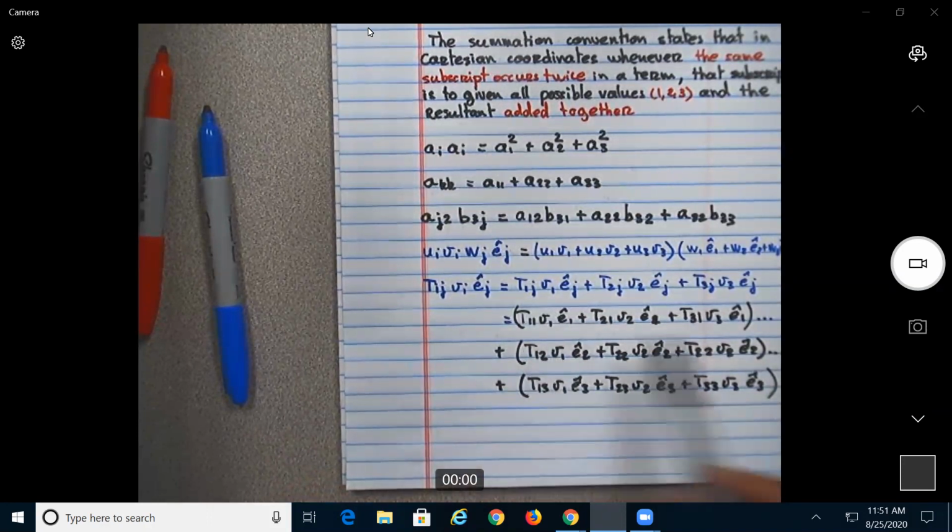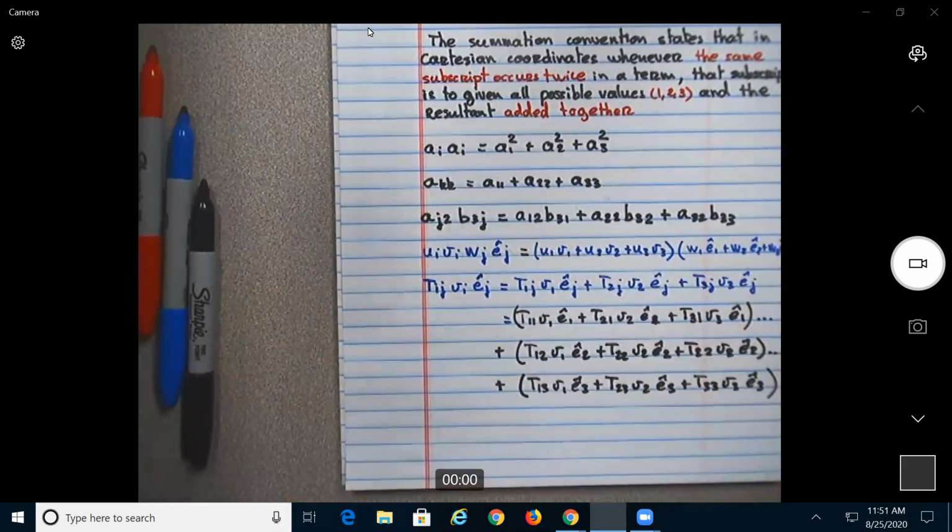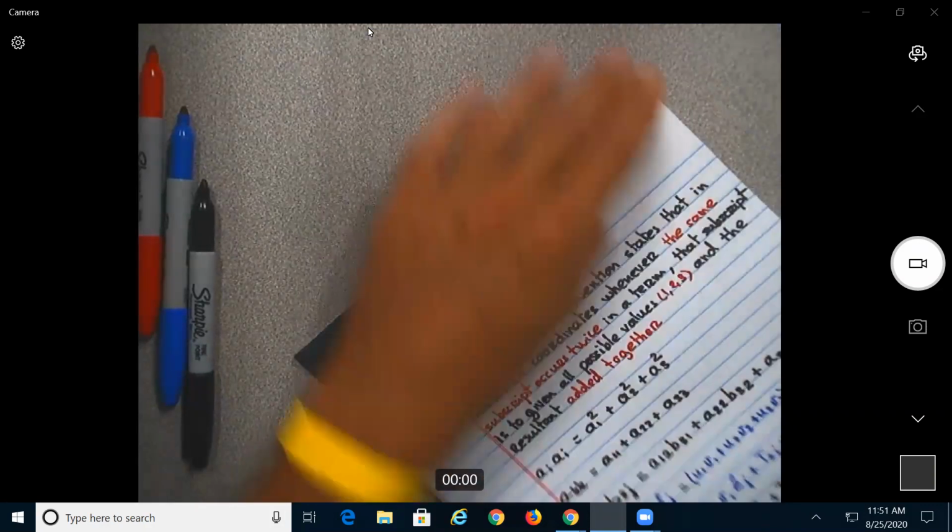Okay, so if you go slow, it's not difficult, okay? But if you try to do all of them at once, sometimes you can get confused. All right.